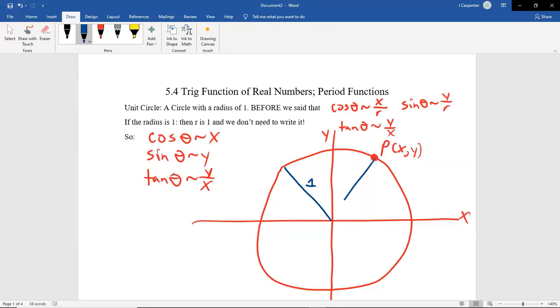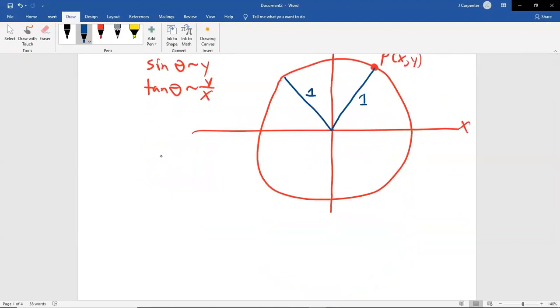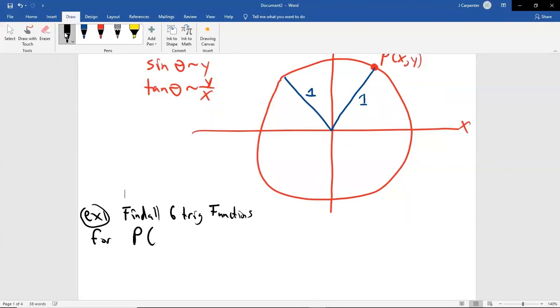So also that point, in case it's not clear, has a radius of 1. So for example, example 1, we're going to just find all 6 trig functions for a point on the unit circle that's negative 1/2 and negative square root of 3 over 2.